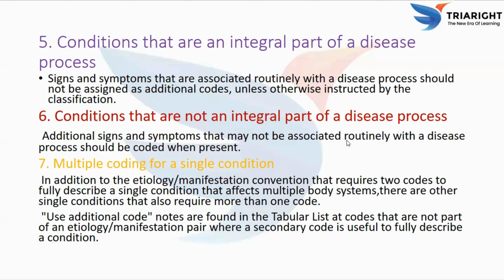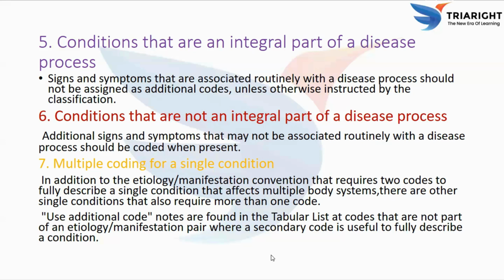Coming to multiple coding for a single condition, what does it mean? Sometimes one condition needs more than one code to fully describe it. When does it happen? When there is a cause and effect, so this condition affects multiple body systems. You have to look for use additional code or code first notes in the tabular list.